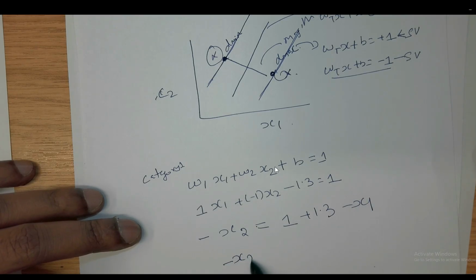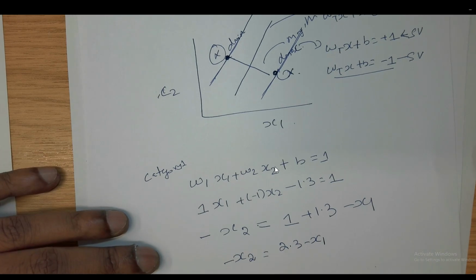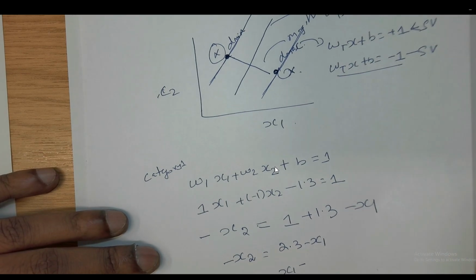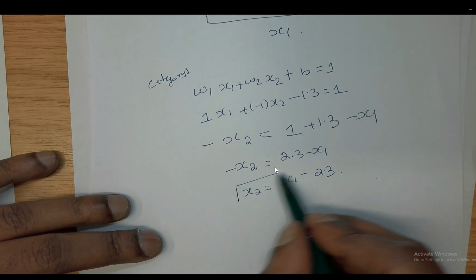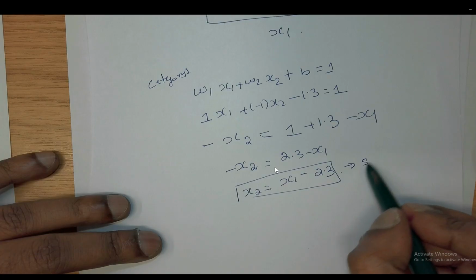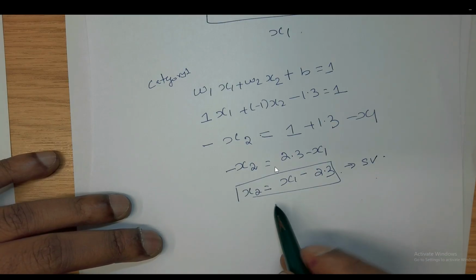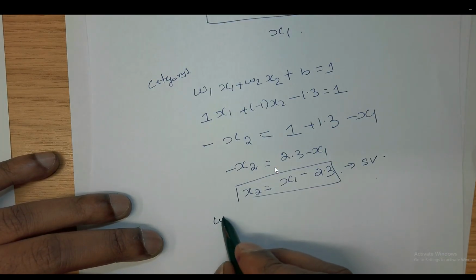So minus x2 will be equal to 2.3 minus x1, or x2 will be equal to x1 minus 2.3.